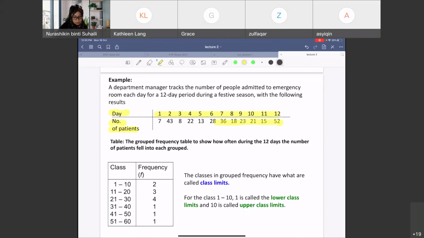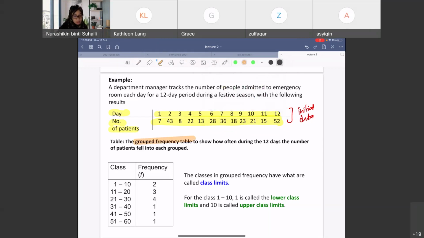This is just the table that you generated, like the ungrouped one just now, but this is still called raw data, the original, initial data.